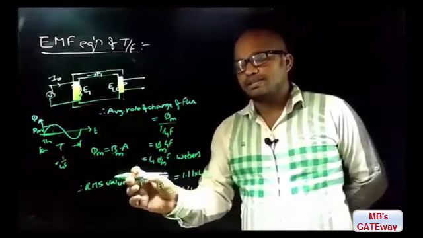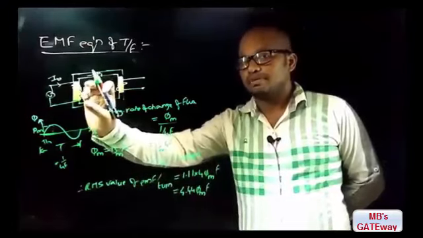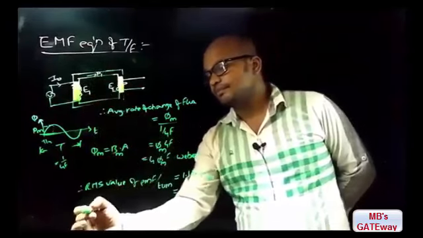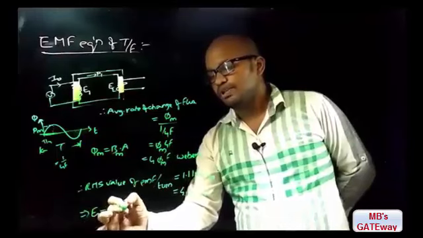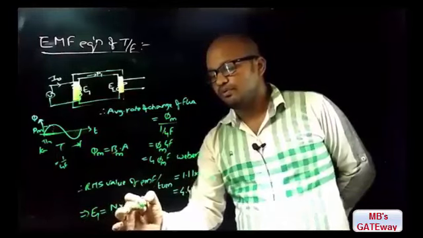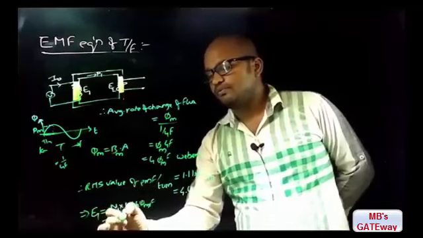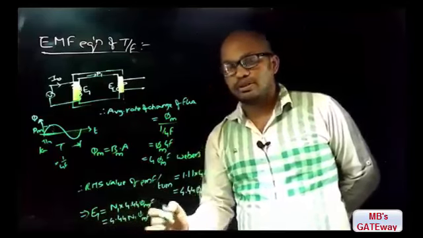As this is the EMF per turn, the EMF induced in the primary winding, which consists of N1 turns, implies E1 is equal to N1 into 4.44 phi m into f, that is equal to 4.44 N1 phi m f.